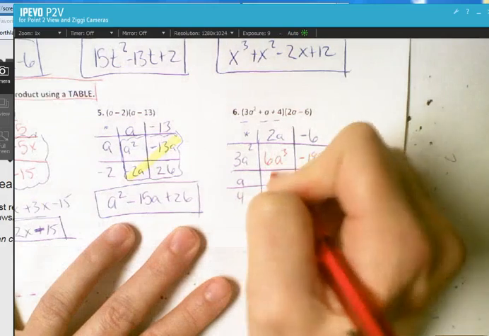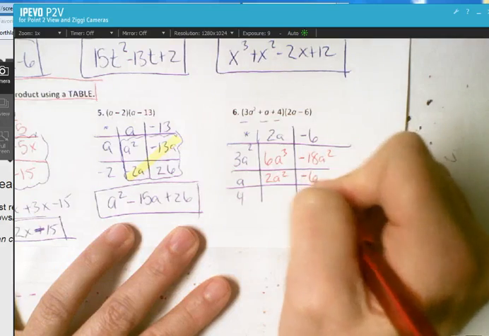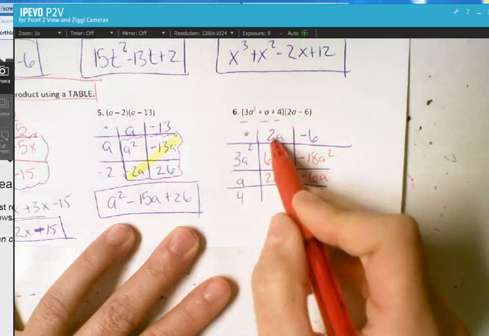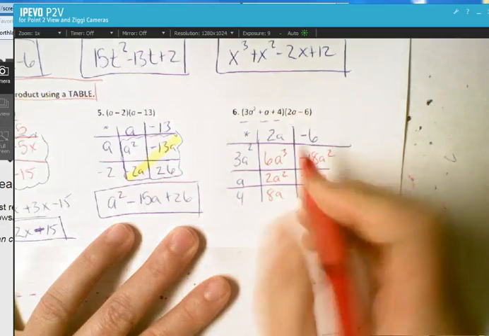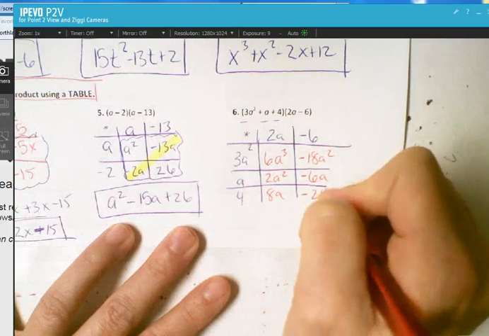A times 2a is 2a squared. A times a negative 6 is a negative 6a. 4 times 2 is 8a. 4 times a negative 6 is a negative 24.